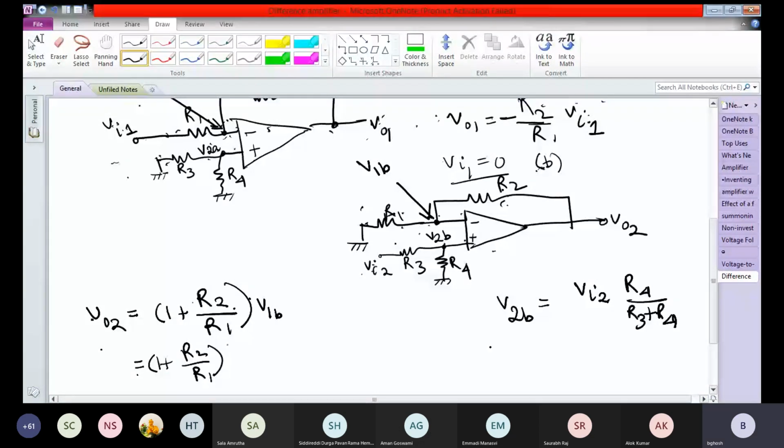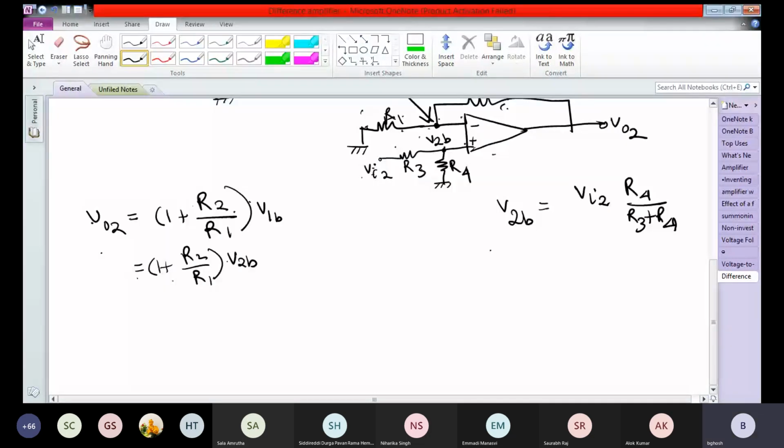If I substitute for V2B, then I can get the value of VO2, and then I will just add up VO1 and VO2.